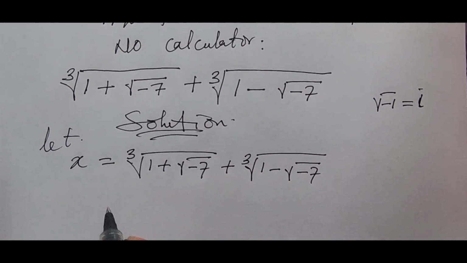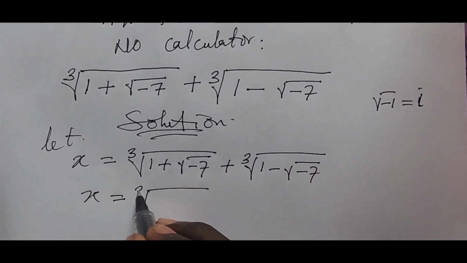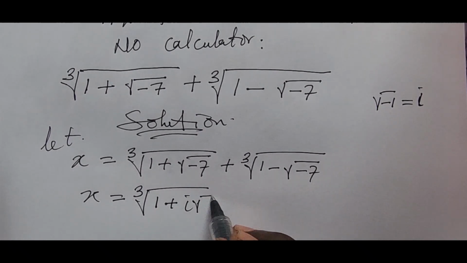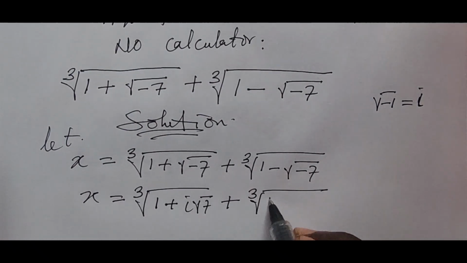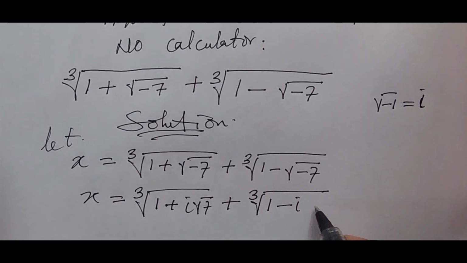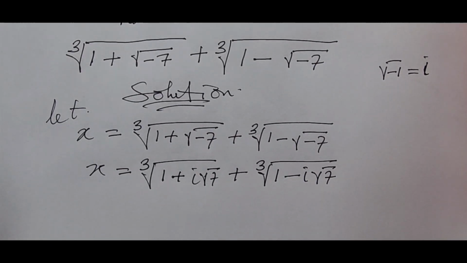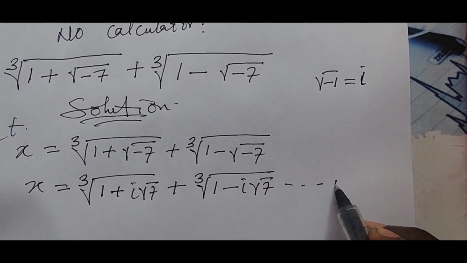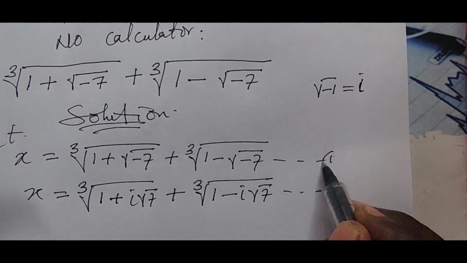This gives us x equal to the cube root of 1 plus i root 7, then on the other side, same thing, the cube root of 1 minus i root 7. Let's label this equation 1 and take this as our equation 2.